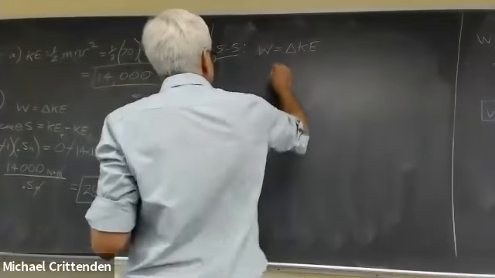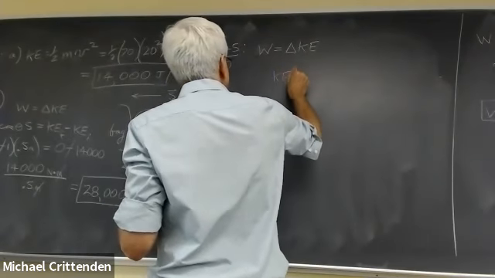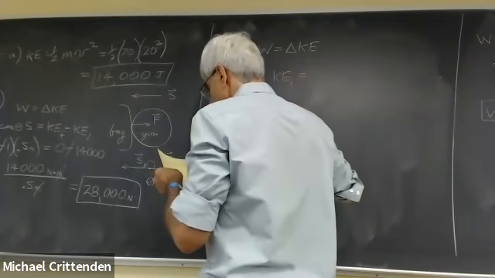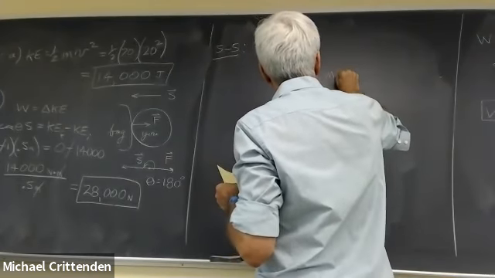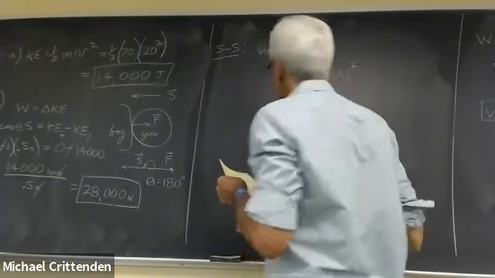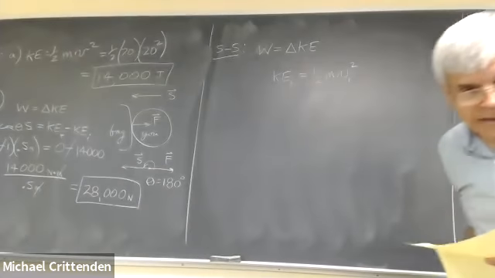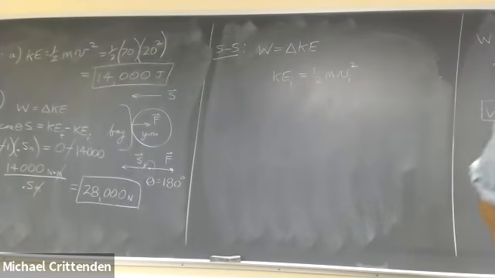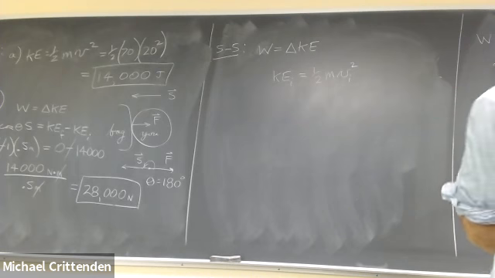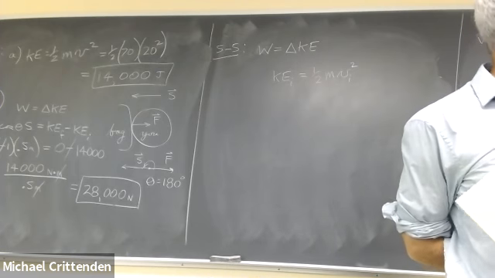Kinetic energy initial would be 1/2 the mass times the initial velocity squared. And the initial velocity is given in the question, but we now have to confront the issue of how do you square a vector?